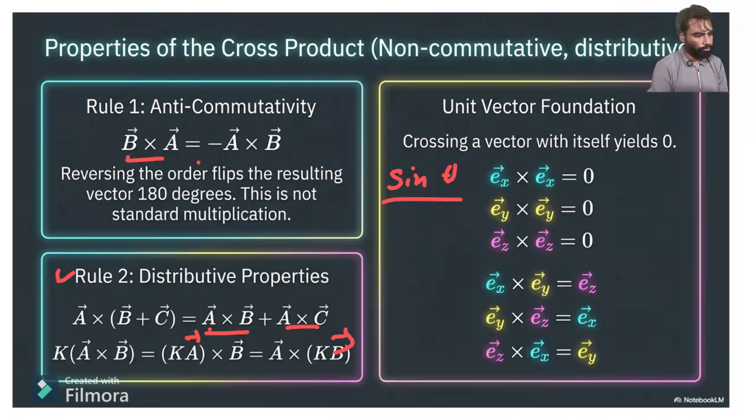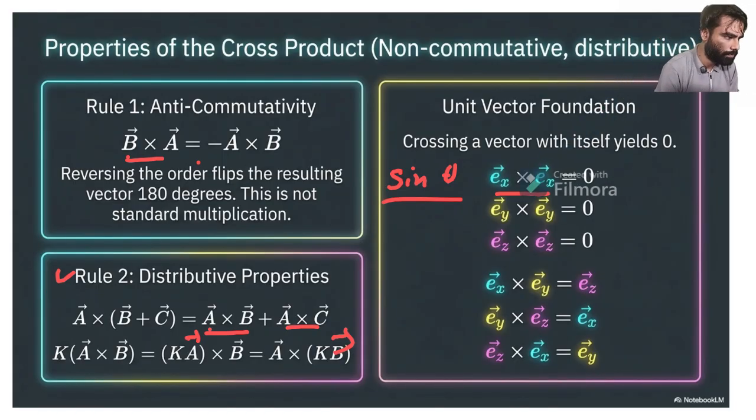So for parallel vectors, it will always give you the result 0. Like if you do the unit vector ex cross ex, where ex is the unit vector along the x-axis, it will give you 0. The same for ey and the same for ez, but it will not give you 0 if the vectors are not parallel.